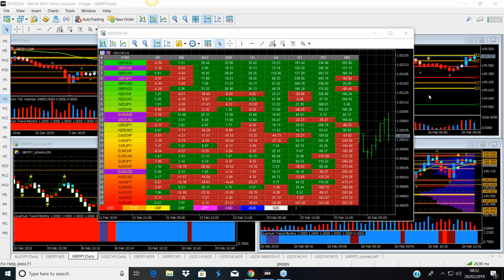So it's really a chameleon, I suppose, of an indicator that can be used in many different ways, and it's really just a question of focusing on that part of the indicator that's appropriate to you and the time frames that you're trading for that particular position that you're taking in the market.